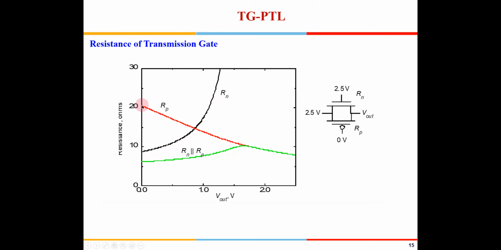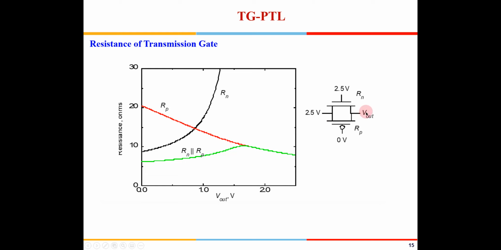Whereas the PMOS will initially be in saturation, then it will slowly come into the linear region. The red line shows the PMOS resistance, and the parallel resistance will be something like this. The graphs will be slightly different when we are transmitting a 0: the PMOS resistance will go to infinity, the NMOS will remain like this, and the resultant there will be something like what is shown in green. Is this graph understood by all of you?